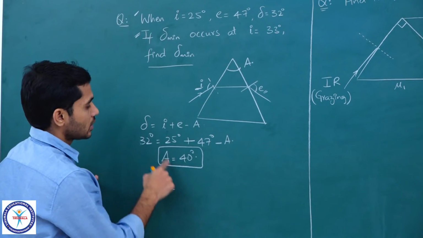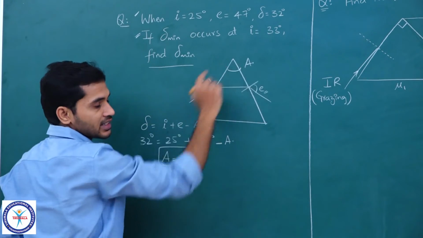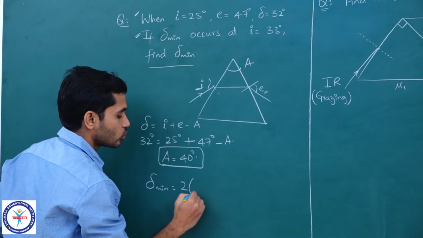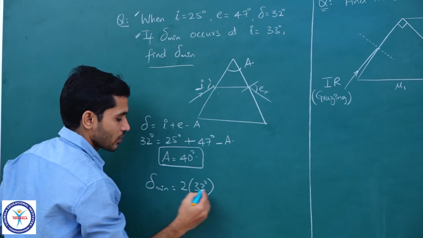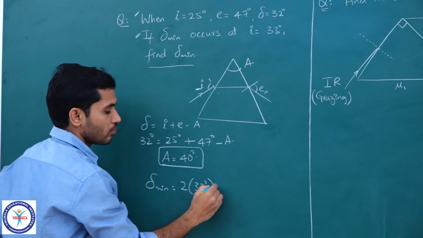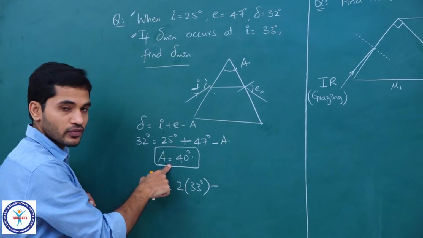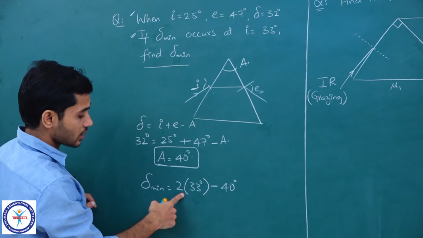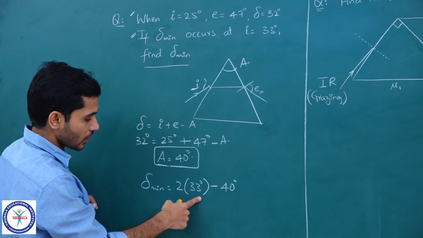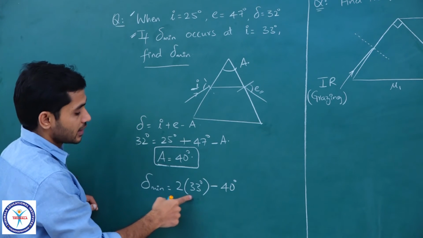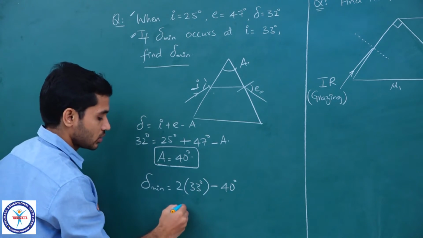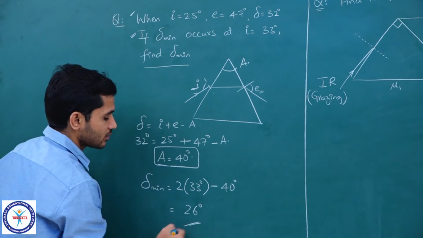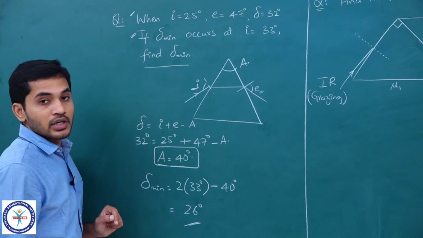Which means whatever value of I they have given is also the value of E. So, I can directly write 2 into 33 degrees for I plus E, minus the value of A we already found, 40 degrees. So, this is 66, right, 66 minus 40. So, 66 minus 40 would be 26 degrees. So, that is the minimum deviation, clear.